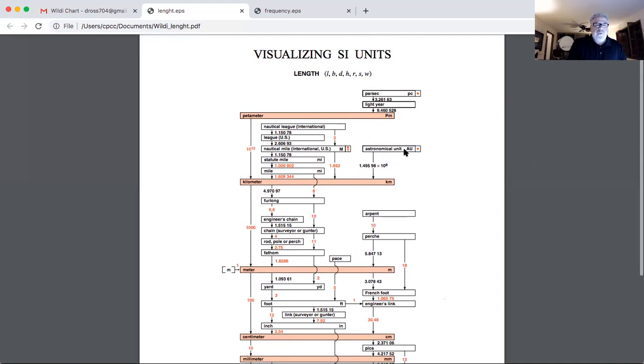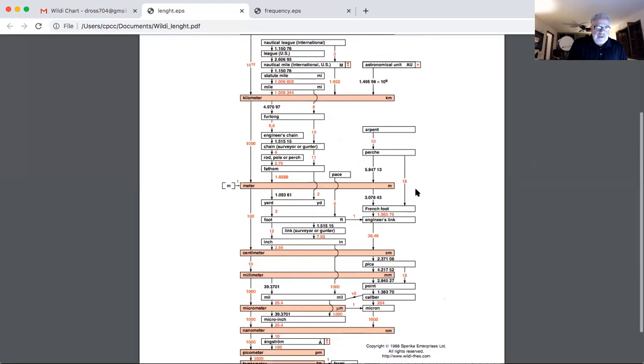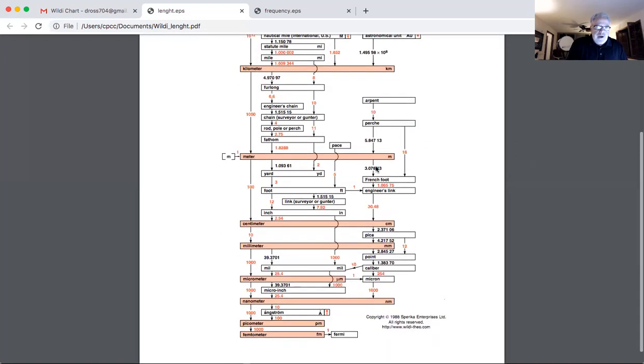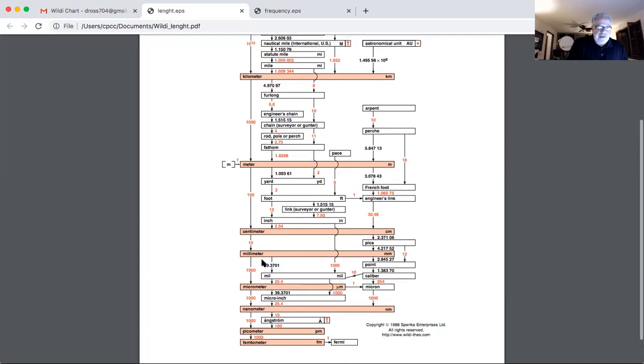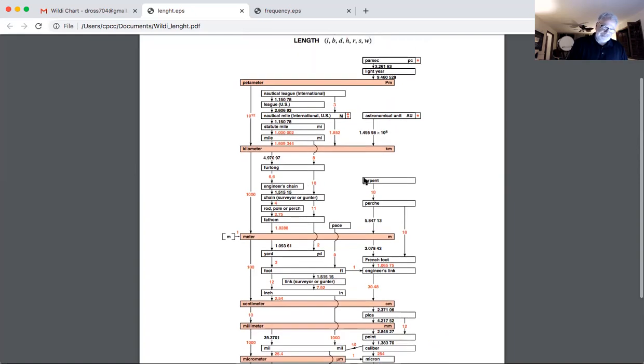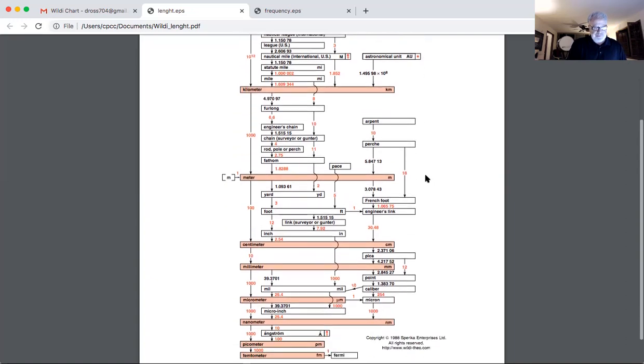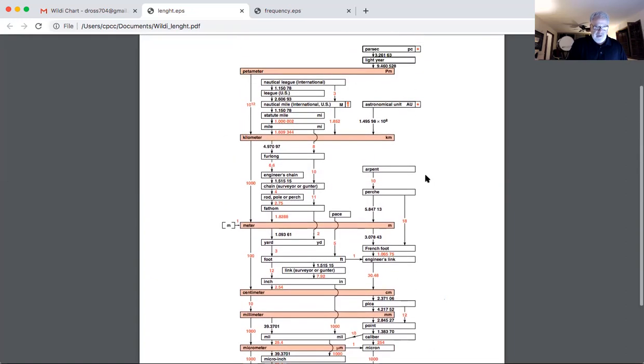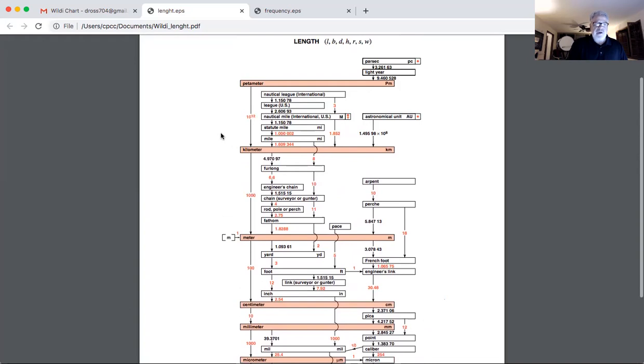But anyway, we can go from light years down to something called a French foot, to some of these old surveying terms like the link. Here are some units: the furlong, the engineer's chain. Some of these are more archaic units that are not used anymore, but they're still shown here in these conversion charts.